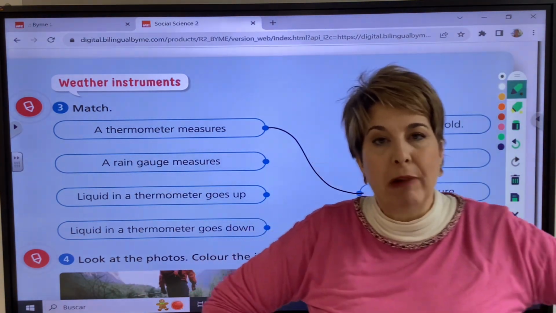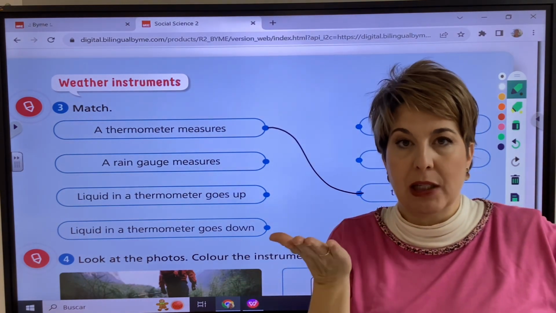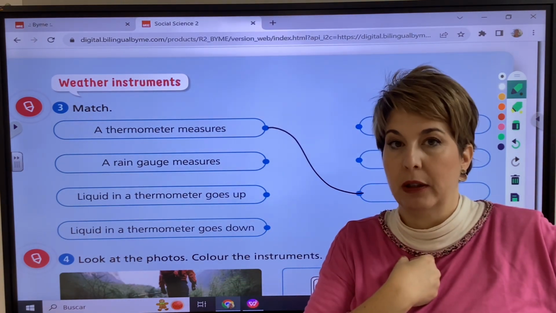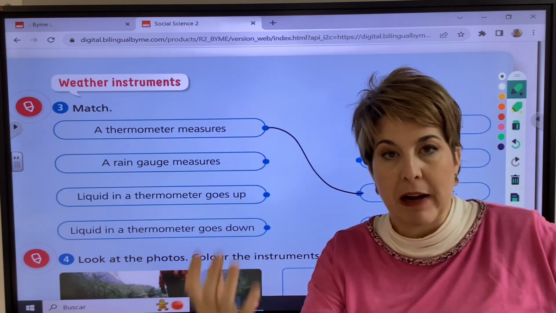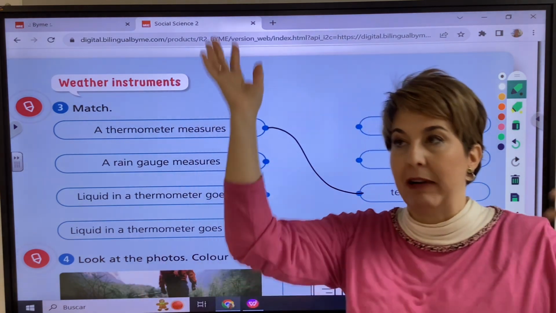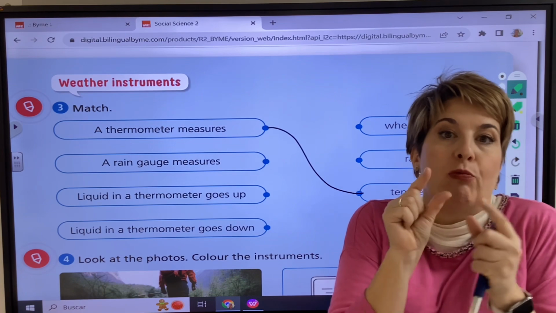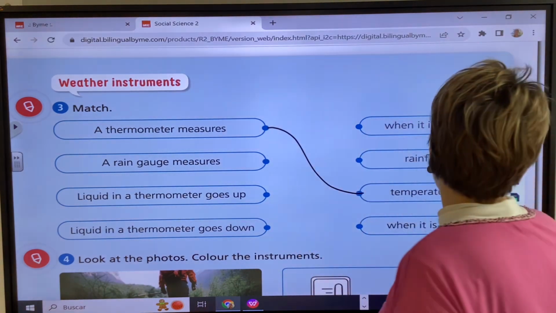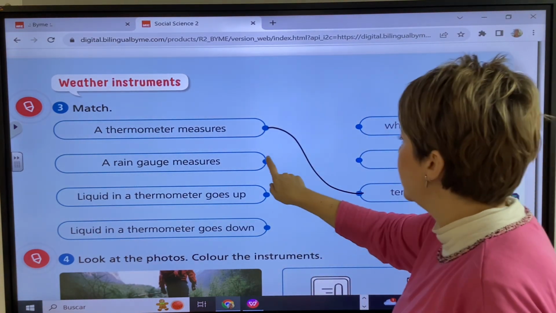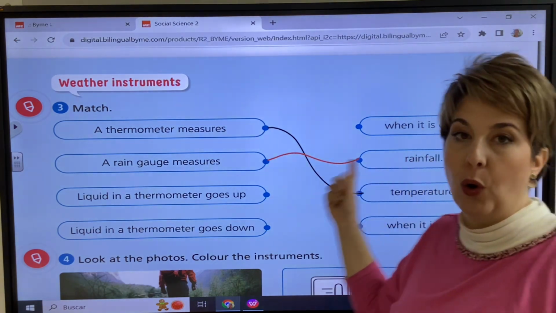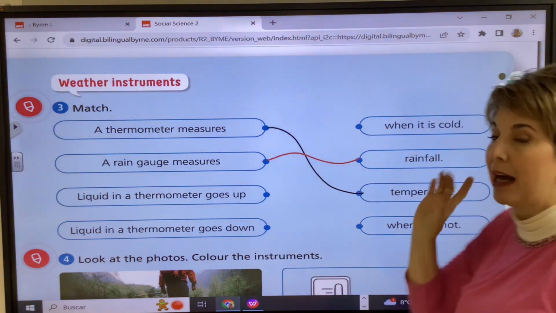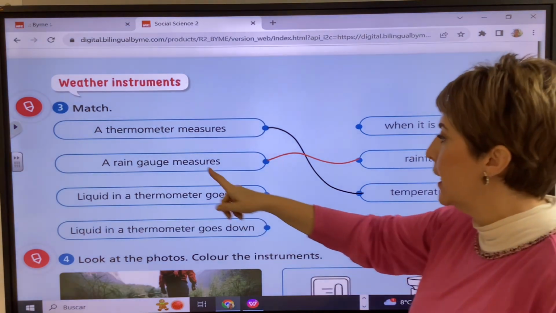What about our rain gauge? What does our rain gauge measure? We said it before. The amount of rain in a place. So if it rains a lot or if it rains very little. A rain gauge measures rainfall. Rainfall is the amount of rain.